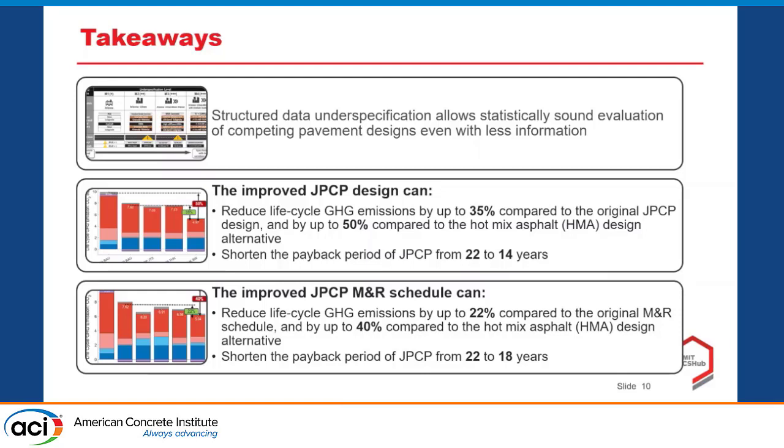And the improved GPCP MNR scheduling can reduce the life cycle GHG emission by up to 22% compared to the original MNR scheduling, and up to 40% compared to the HMA design alternative.